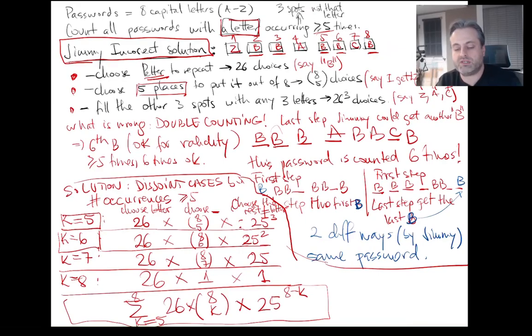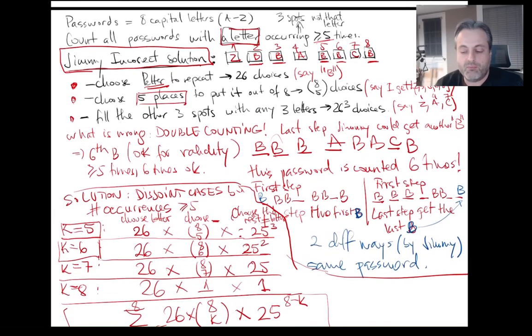Again, my point for this problem, to recap, is that it's not a hard problem, but you can easily get rushed and get this double counting happening. So as a precaution, every time you produce a solution like this, we call this a generative solution, because there are 3 generation steps here. First choose the letter, then choose the places, then fill the other spots.